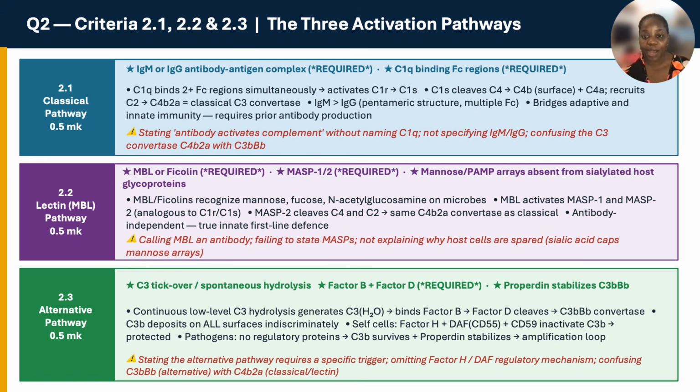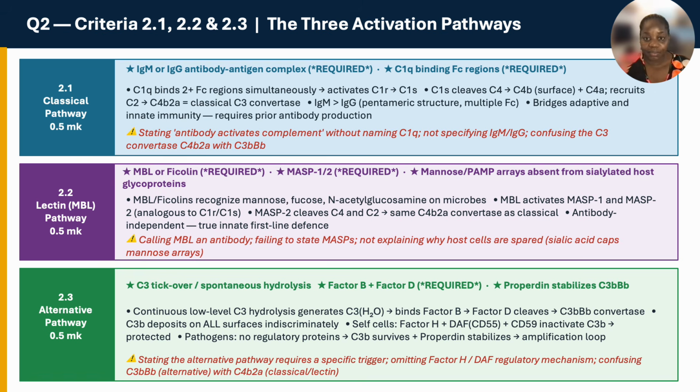But you also have MASP1 or MASP2 as the activating protease, this enzyme, because effectively MBL will activate the proteases MASP1 and MASP2 that are analogous to C1r and C1s from the classical pathway. So same, it will lead to the C3 convertase C4b2a as in the classical pathway.